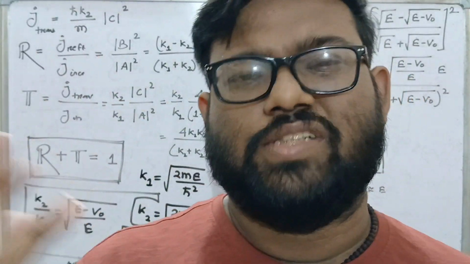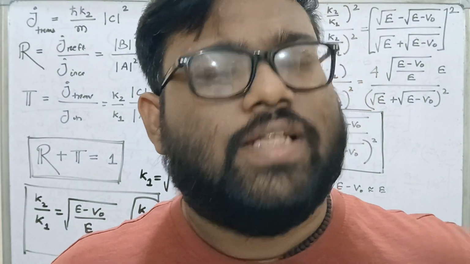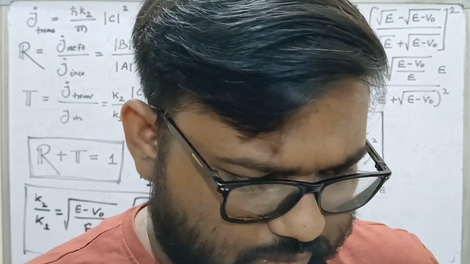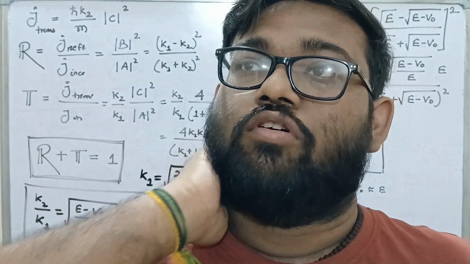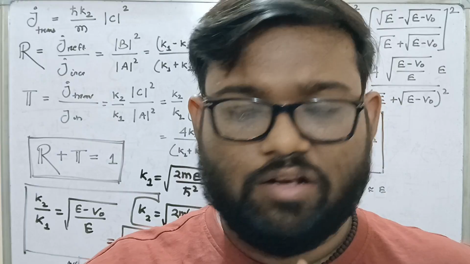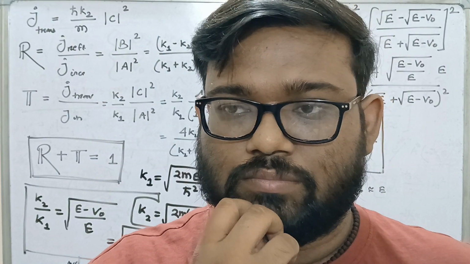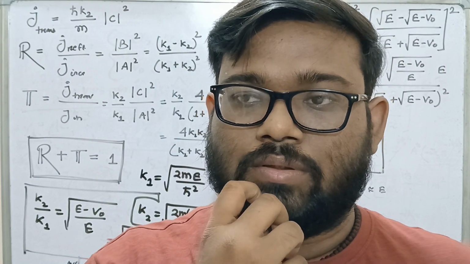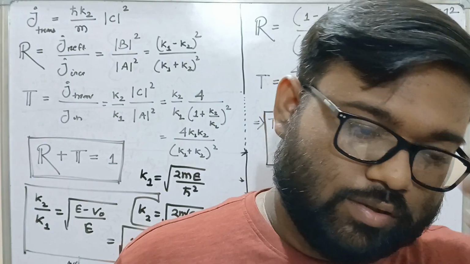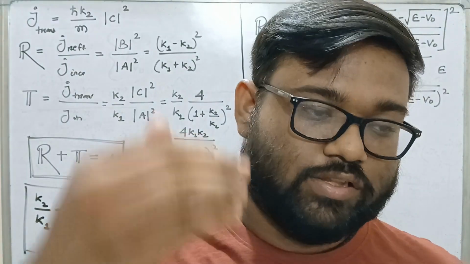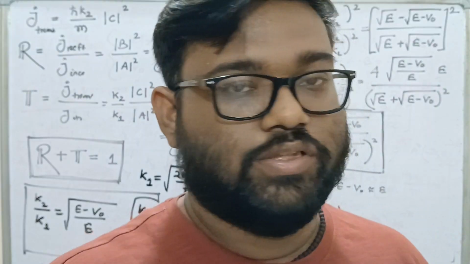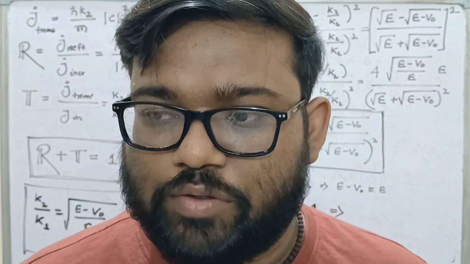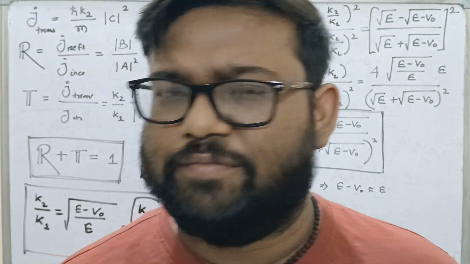There is one more thing, if I remember, there is a part of this question where we have to solve it for E less than V naught. Well, I'll make another video for it, because there are a lot of things. We have to define how the particle decays when it goes into the potential, and for that we have to calculate the penetration depth or something.